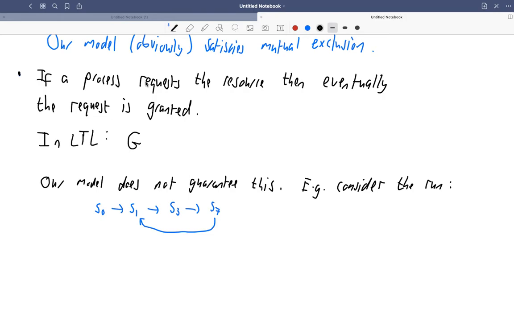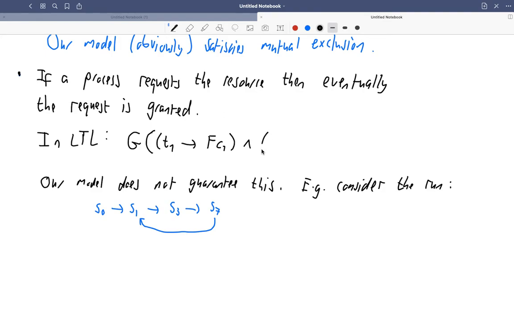so this property, if a process requests the resource, then eventually the request is granted, is that globally, however far we look into the future, if it's the case that process 1 puts in a request, then eventually at some point in the future from where we currently are, at the point that the request was put in, then we want process 1 to become critical.